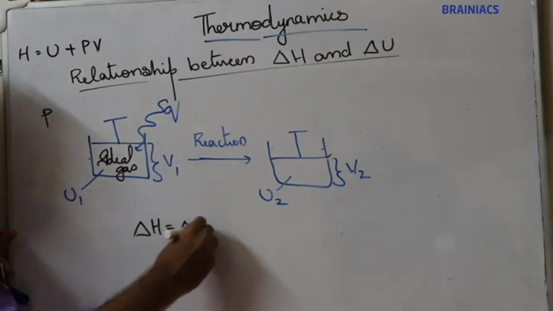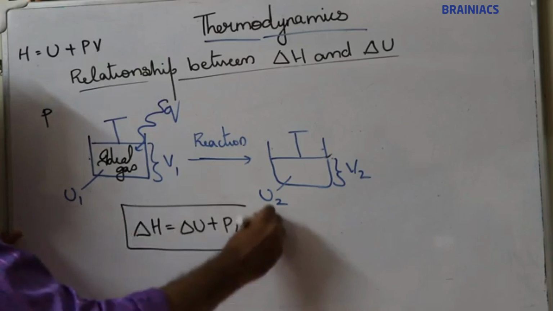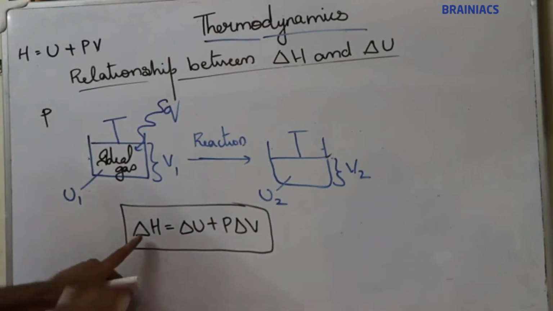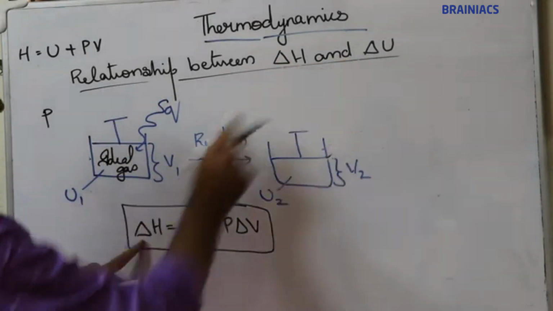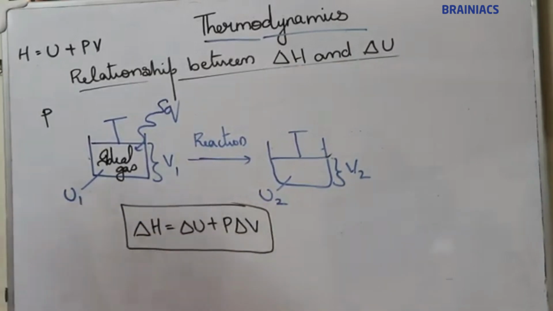Delta H is equal to delta U plus P delta V. This equation contains delta H and delta U, so this is the first equation relating them. We already derived this equation.